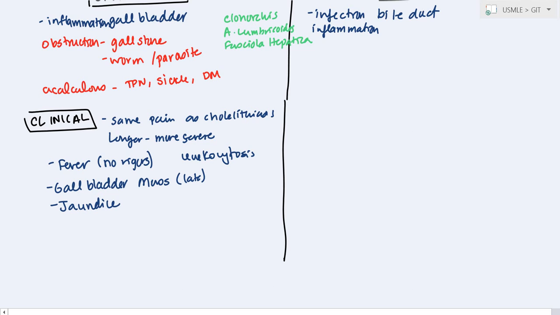But the jaundice isn't always there, it's only in less than 10% of cases that you actually get jaundice.